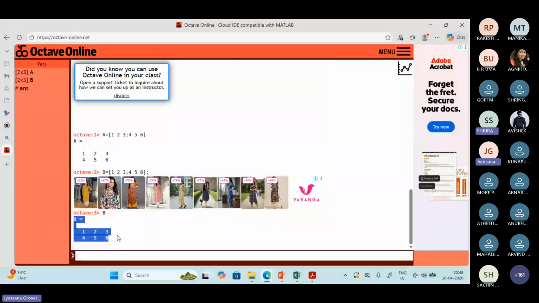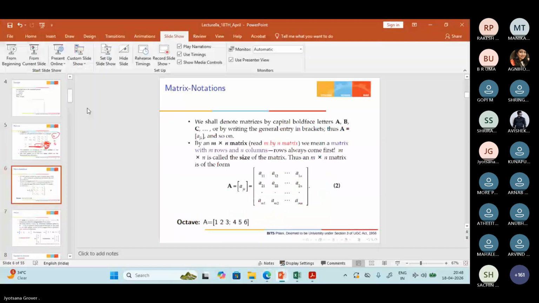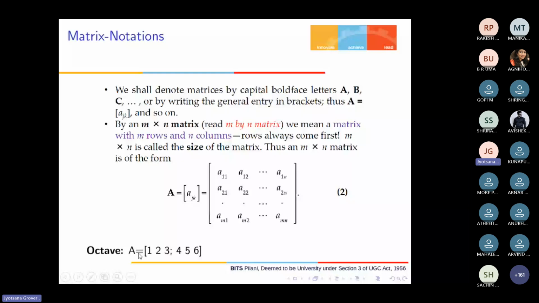So both have the same number of rows, the same number of columns, and all the entries are identical. See, 1, 2, 3, 4, 5, 6, and B's entries are also the same. So you say both matrices are equal. So when do you say two matrices are equal? When both matrices have the same number of rows and the same number of columns, and every entry is the same. Every entry means A11 is the same as B11, A12 is the same as B12, and so on.